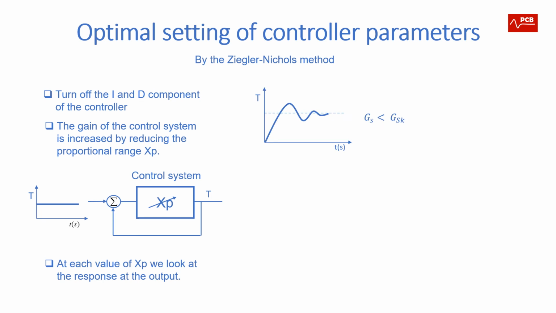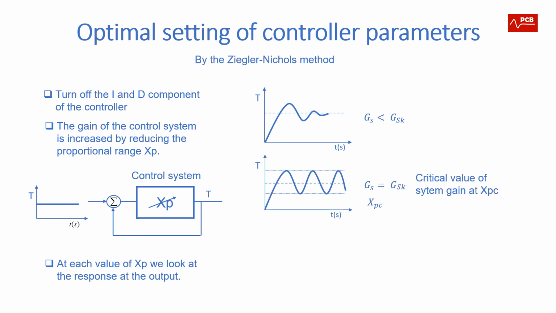This is a graph where the system is very stable, this is a critically stable situation, and here the system is very unstable. What is interesting for us is the middle one, when the system is in a critical situation, and the proportional band is in that case the critical proportional band.